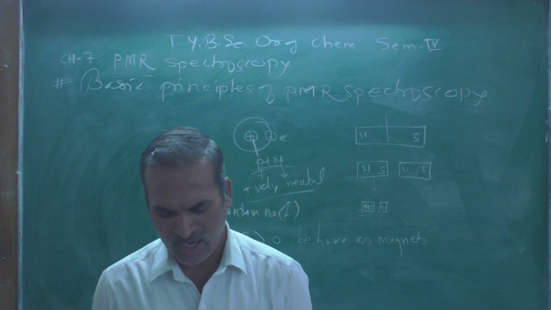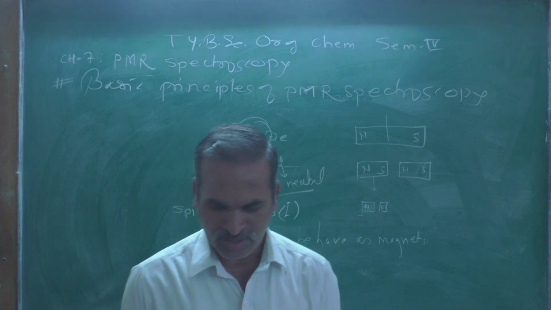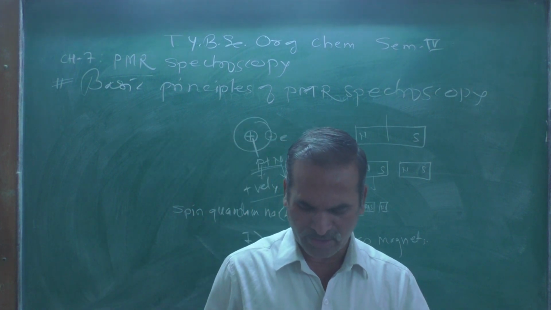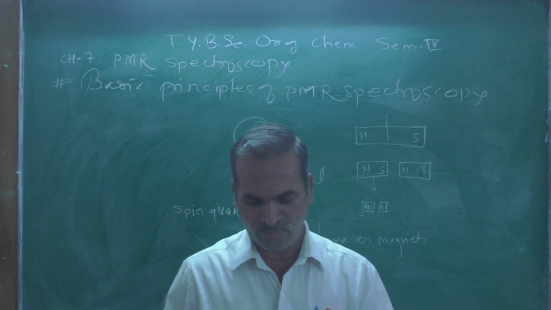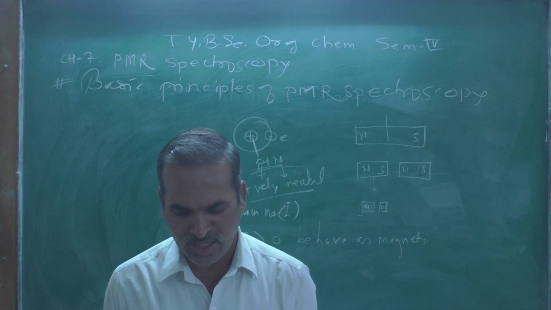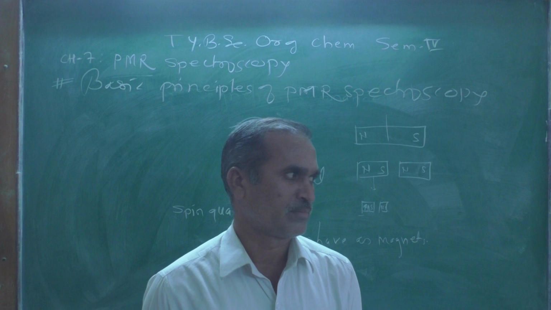All nuclei that have a spin quantum number I greater than 0 behave as magnets, and therefore there are magnetic and non-magnetic nuclei.